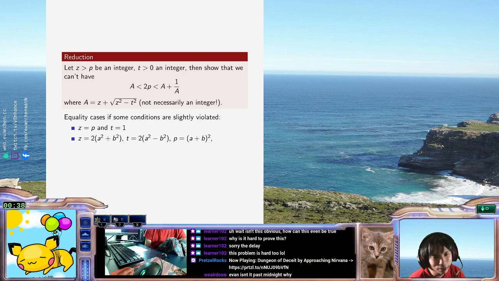It's like, why would this be true? It feels like I should just be able to like pick some random large Z and T. Is Z greater than P implied actually? Is it? No, it's not. It's just, it means the... I'm surprised.